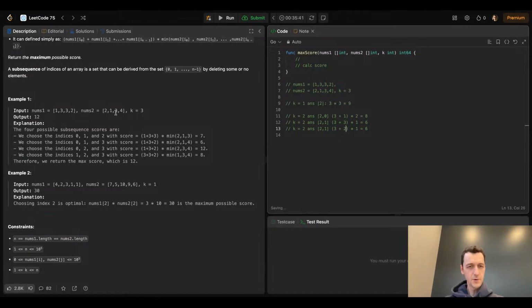And of these 2, the minimum is 3. So that's 5 by 3, which is 15. And by the way, this is bigger than if we choose 3. So we actually add a k, but we get a smaller number. So let's say we picked this one.